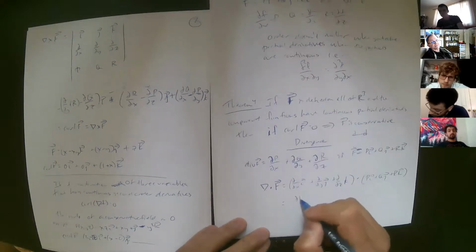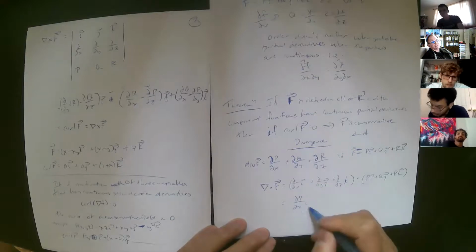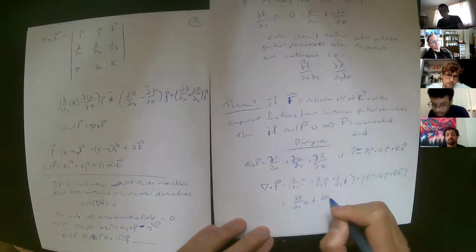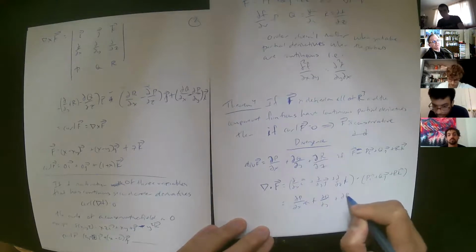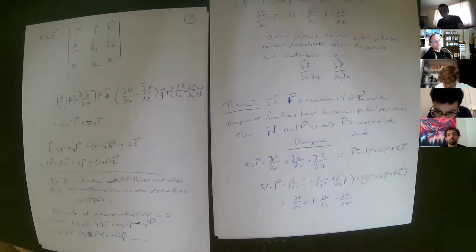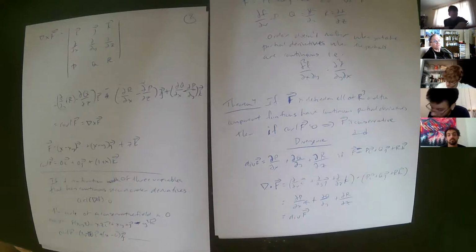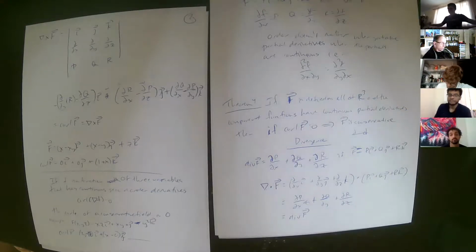This is dp dx, i squared, so that's nothing, plus dq dy plus dr dz. So this is equal to the div of f. The divergence of f is the gradient dotted with the vector field, and the curl is the gradient cross-producted with the vector field. Okay? Any questions?